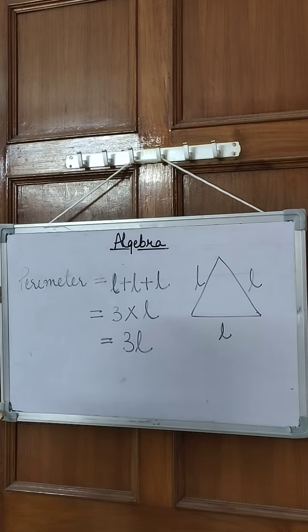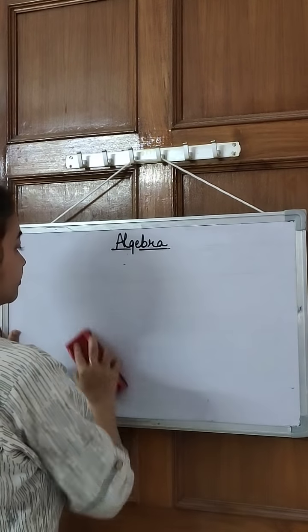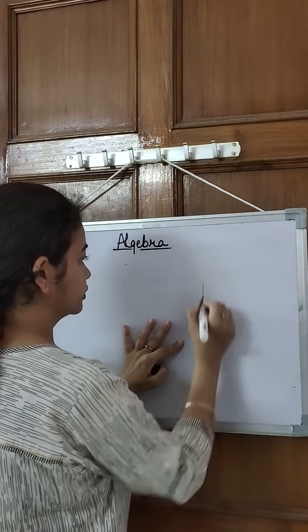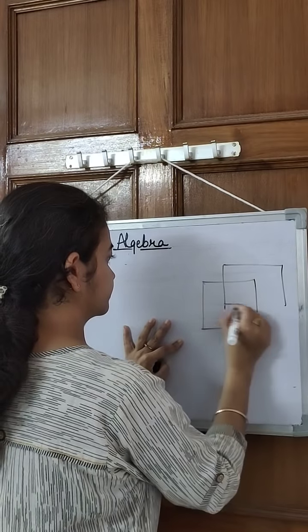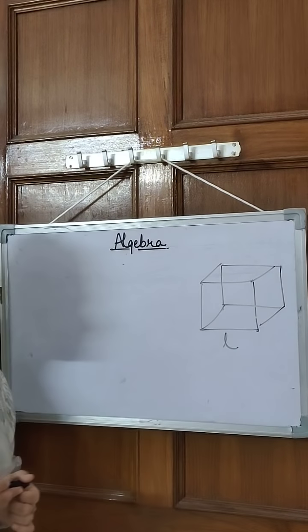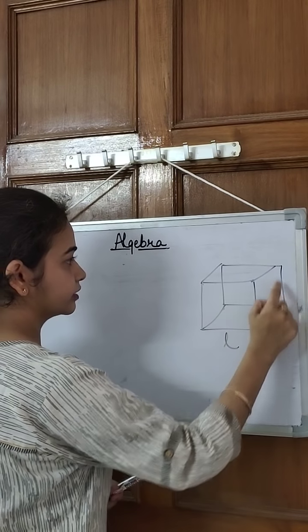The length of an edge of a cube is L. Now if they are saying that the length of an edge of a cube is L, then you have to find out the sum of the lengths of all the edges. So if I have a cube, they are saying in this cube one edge is L. What is an edge? Edges are these lines that are drawn here.